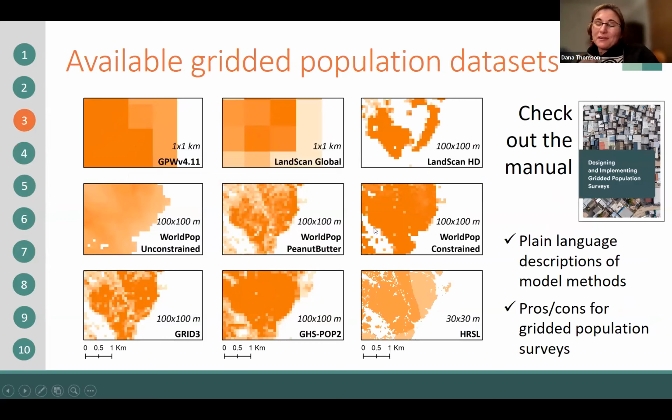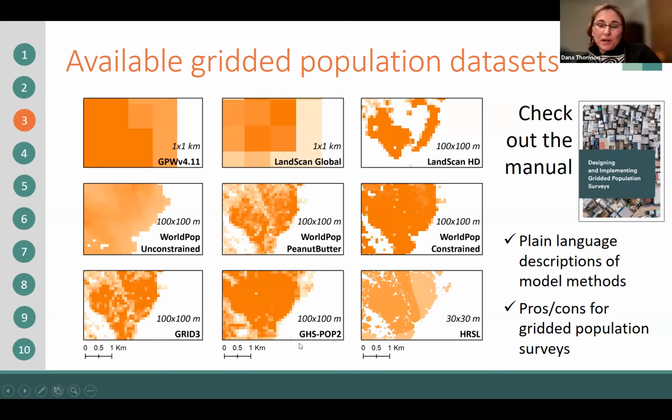And it's not always the same building footprint data sets. Sorry, can you repeat the question just so I don't go on a tangent? Does it include non-residential buildings? And the answer is yes.